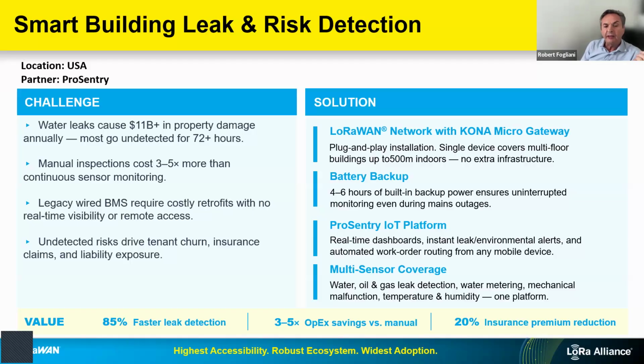Water leaks cause more than $11 billion in damage every year worldwide, and most leaks are not detected for more than 72 hours. In this project with a major insurance company in the United States, the goal was continuous monitoring across the building without requiring heavy infrastructure.